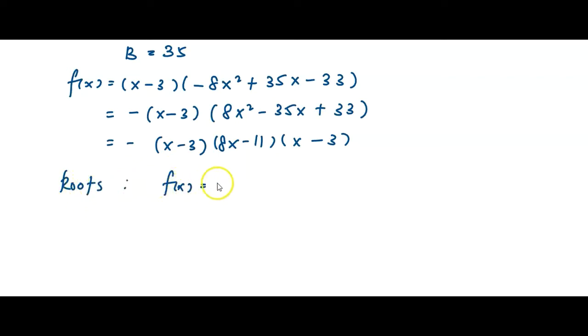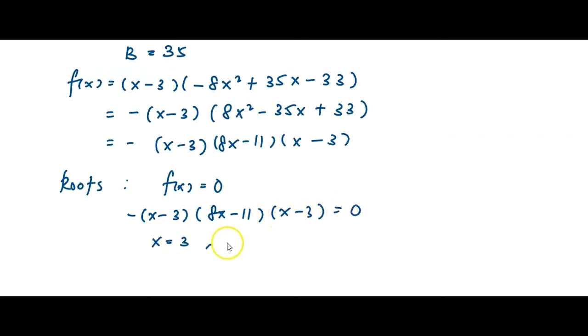Let f(x) equal 0, and you can see that my function will be equal to 0. Now I can get my roots first, so that I can plot these points on my graph. This means that you can write your function as negative (x minus 3) squared (8x minus 11).